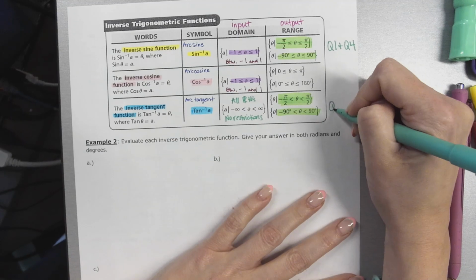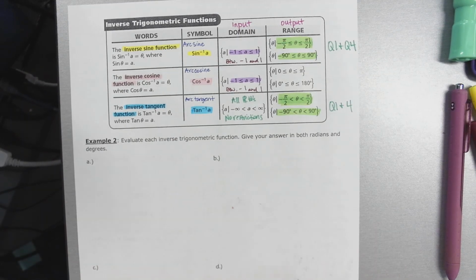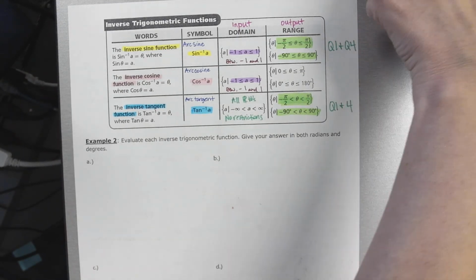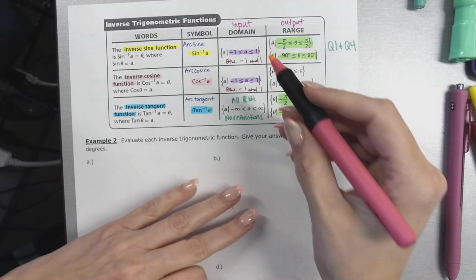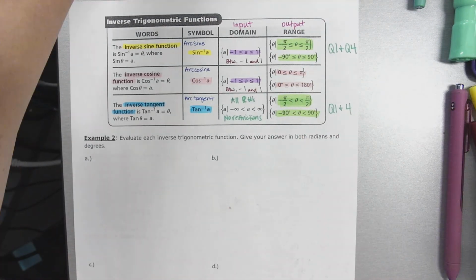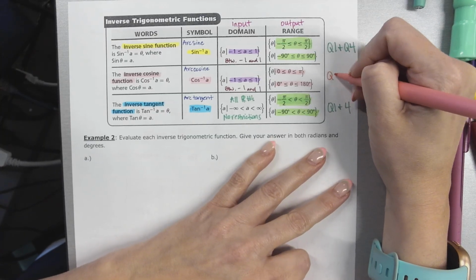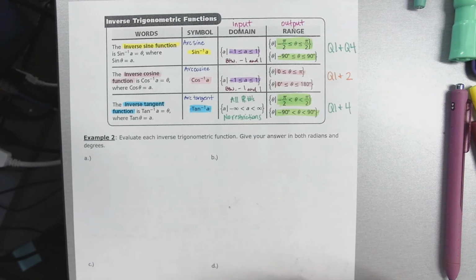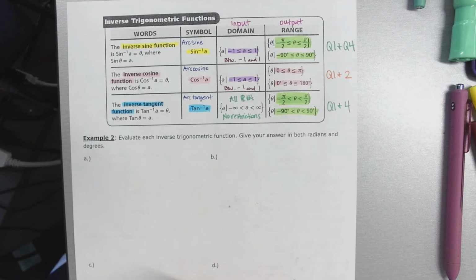So our outputs would be in quadrant 1 and quadrant 4. Okay, and then we know that the cosine is 0 to pi, 0 to 180 degrees, which means that you are in quadrant 1 and quadrant 2. Okay, and that's for the outputs.